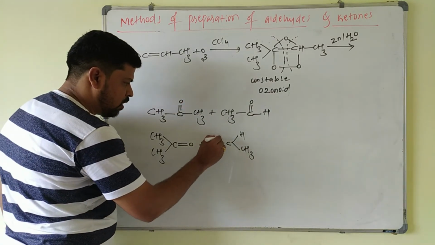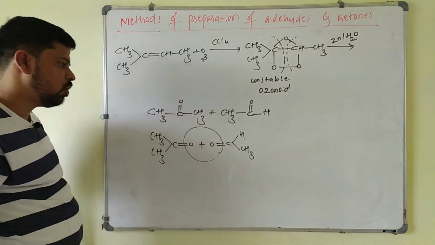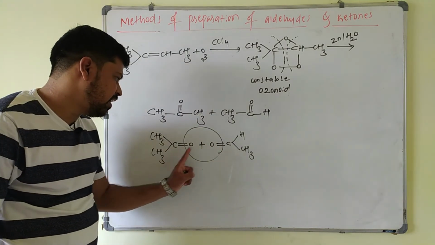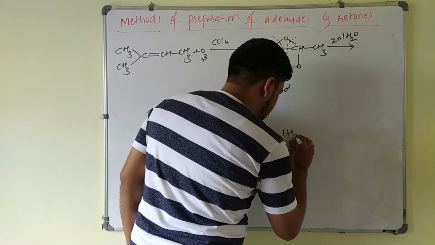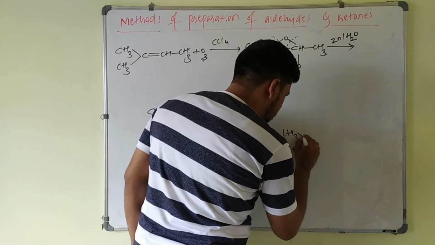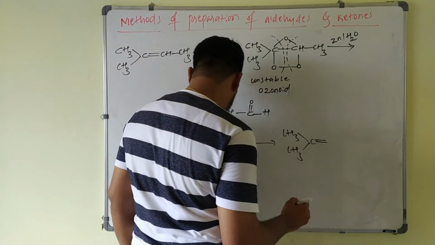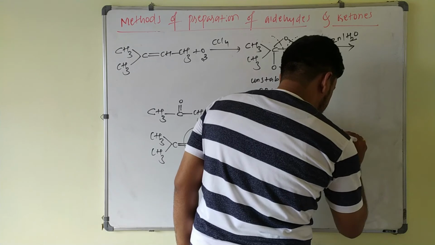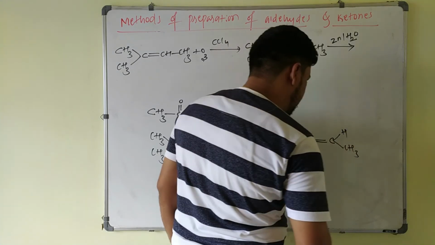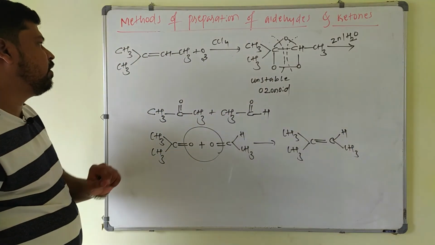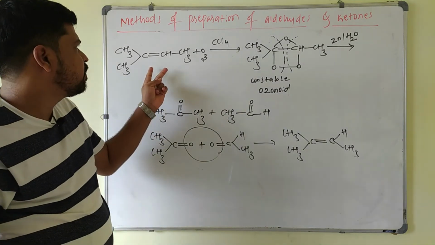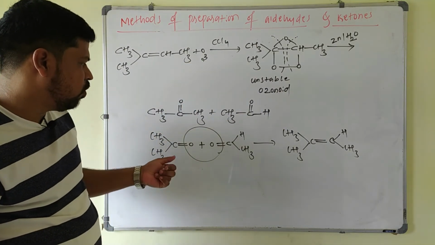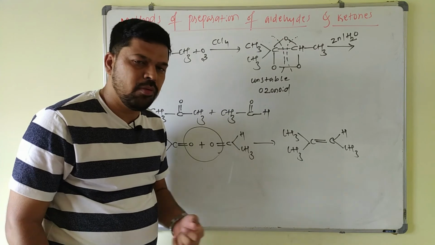Now you remove these two oxygens. These carbon atoms are connected with a double bond. Then what you will get here? CH3 C double bond C, this is your hydrogen and this will be the methyl group. Again you will get the same alkene that you have taken here. So this is how you can use ozonolysis to detect the position of the double bond in alkenes.